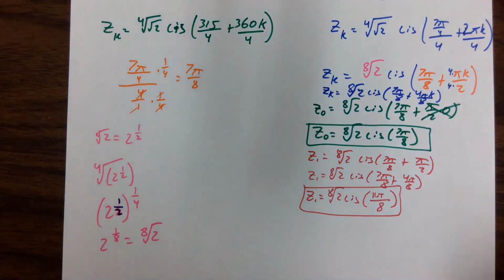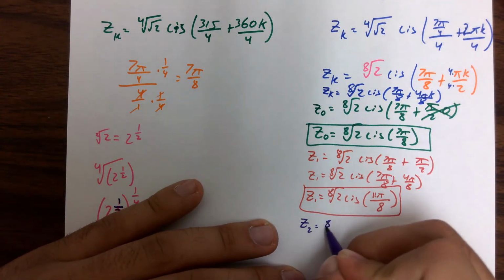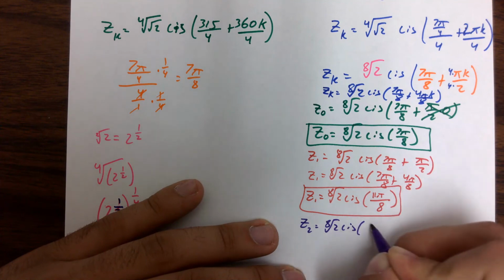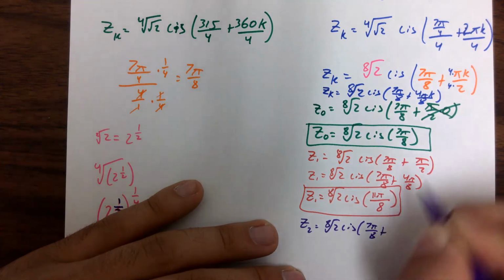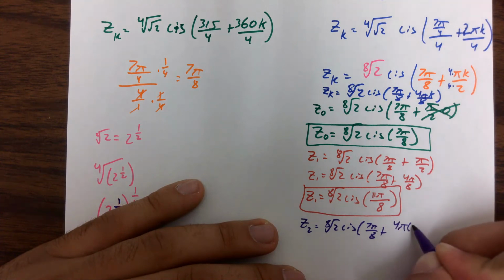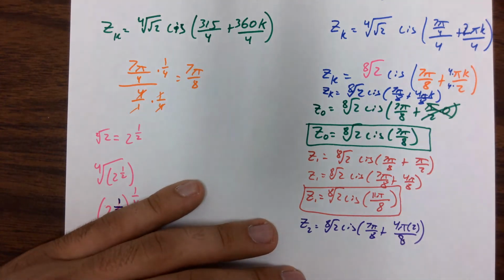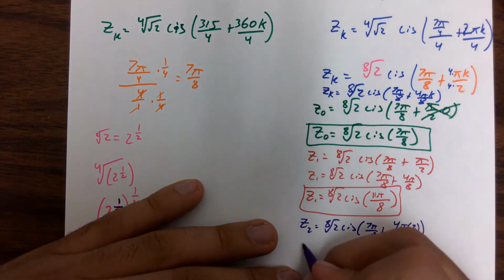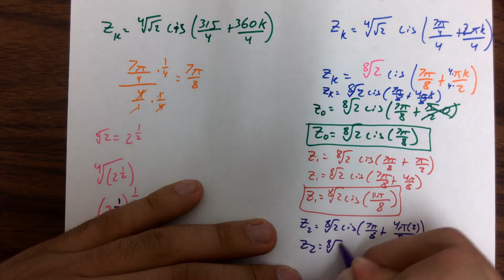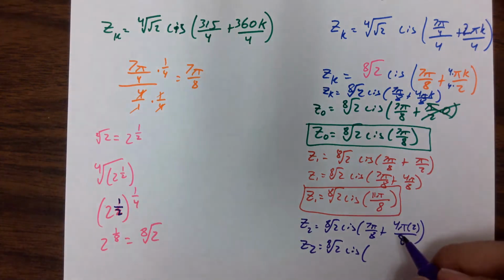We'll get the next one, z2. So now I'm going to do 2 times, so it's 4 pi times 2 over 8. So that's going to give me 8 pi over 8.